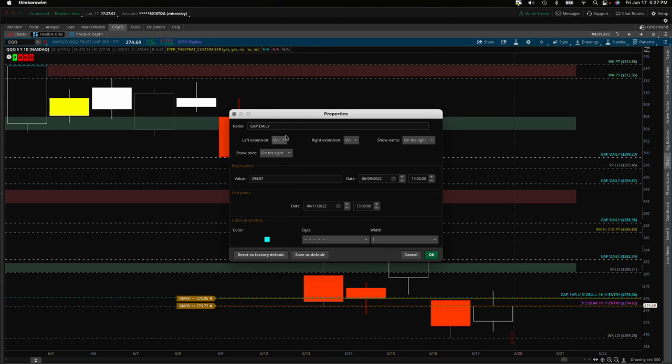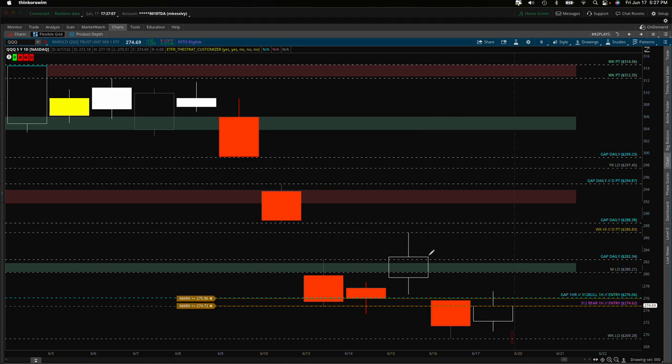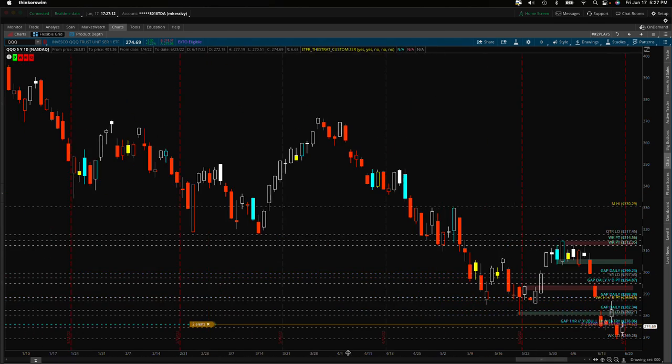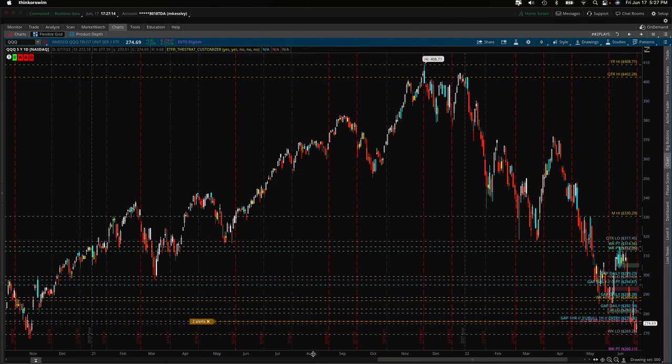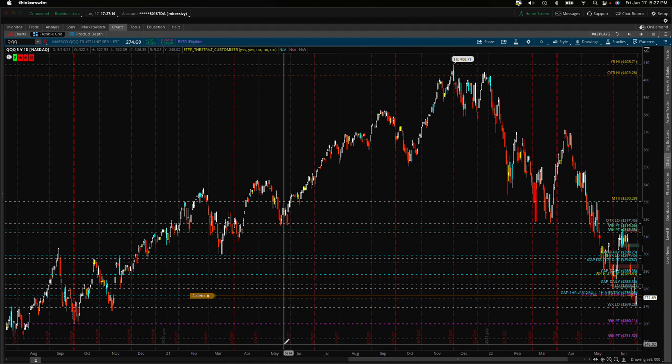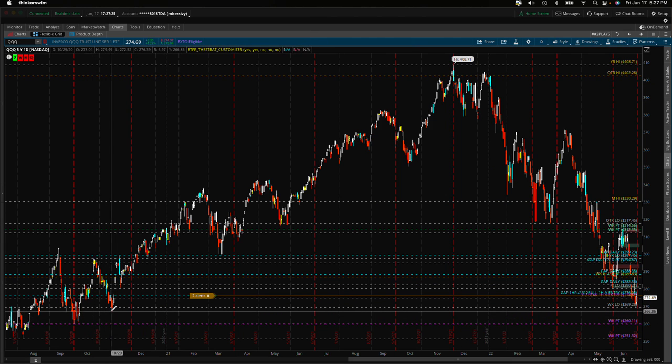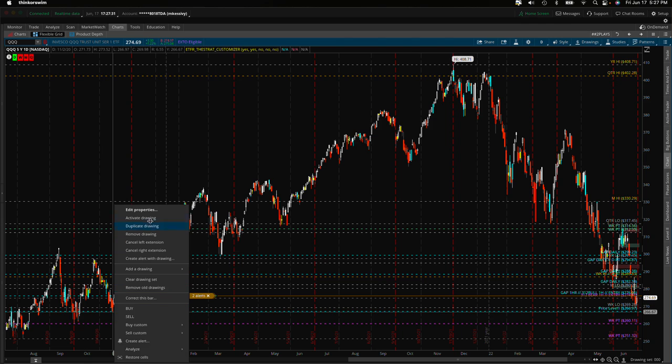So we'll just edit this and say DPT. So we have our weekly low, and then we have our weekly price target. So it looks like here, this is a daily price target.